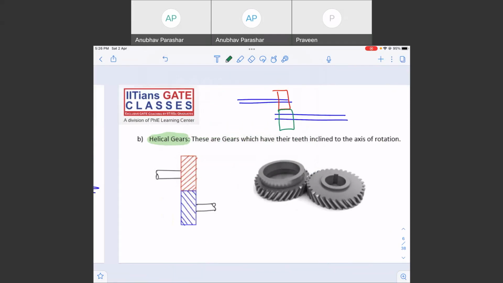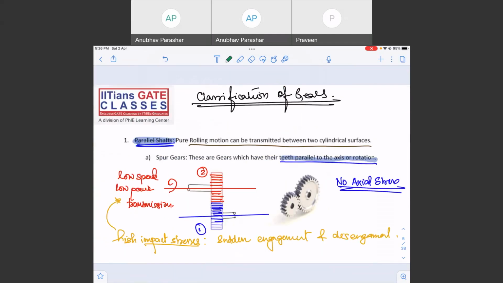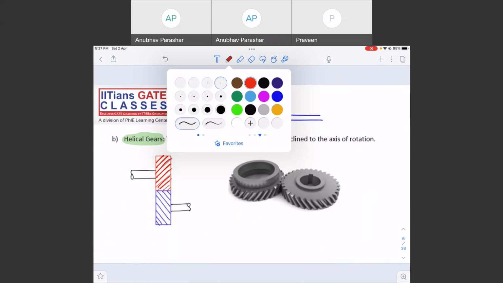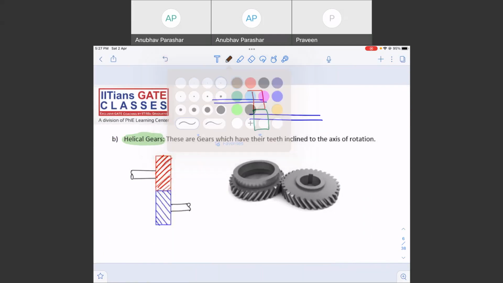So what is a spur gear? Spur gears are gears where the teeth are arranged parallel to the axis of rotation. And what are helical gears? Helical gears are gears where the teeth are arranged at an angle to the axis of rotation.